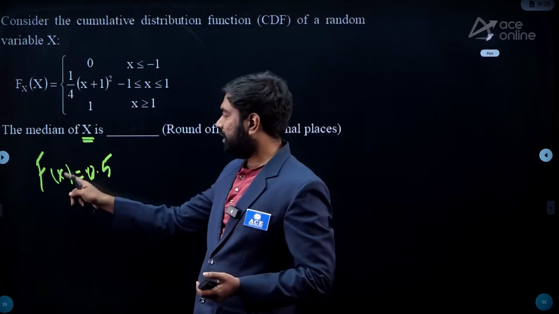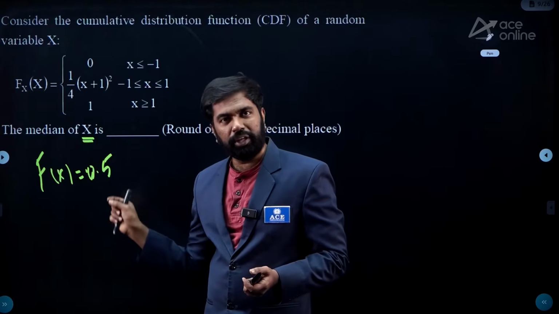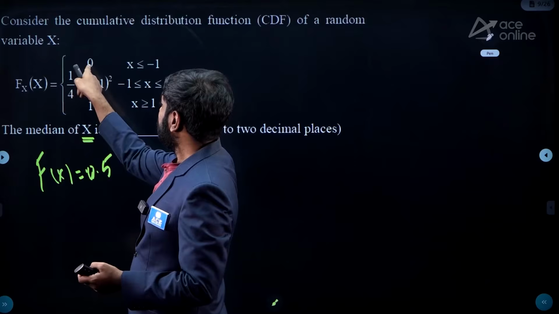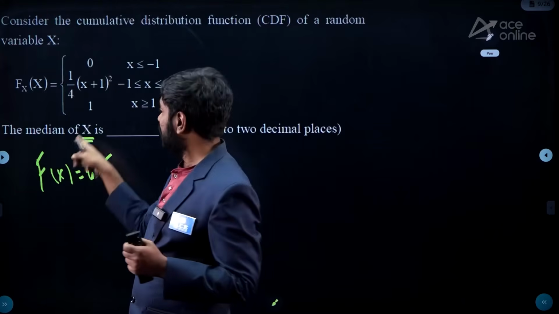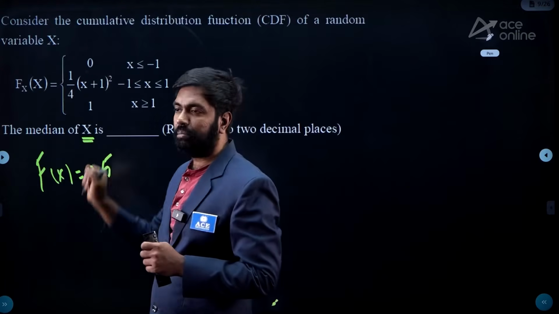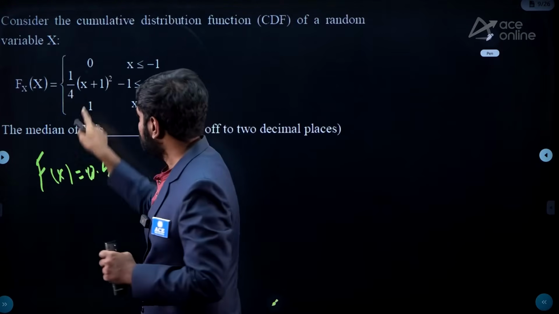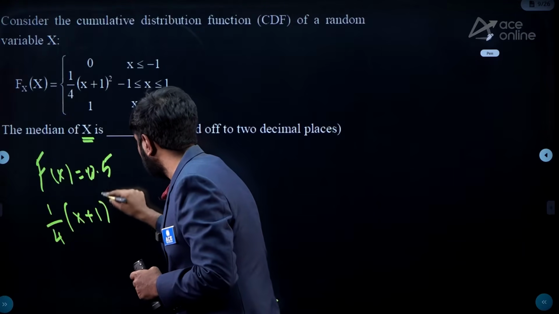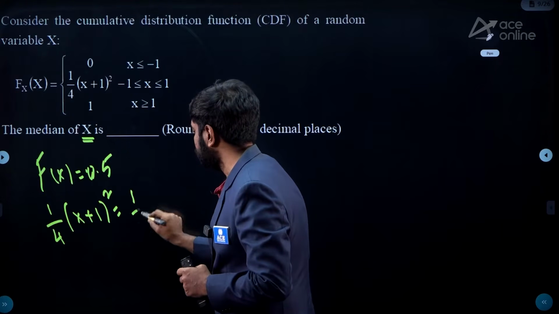Wherever our CDF function becomes 0.5, that corresponding x coordinate will be our median. Here the CDF value is 0, it can't be 0.5. Here the CDF value is 1, it can't be 0.5. So this is where the CDF can become 0.5. So I have to equate this to 0.5. (1 by 4)(x plus 1) whole square is 0.5, which is 1 by 2.